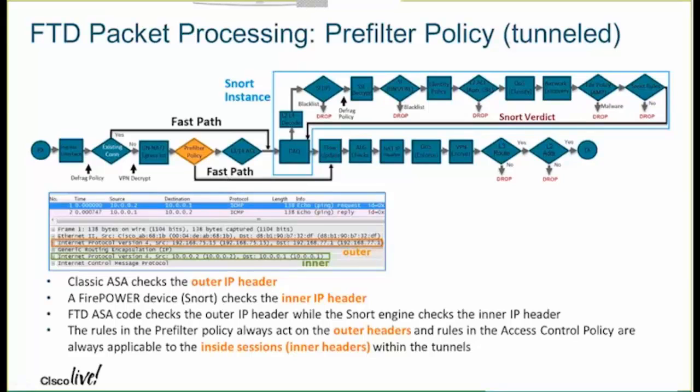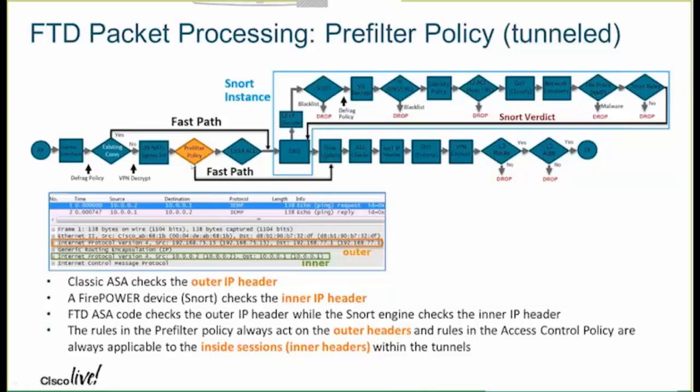Now what happens in tunnel policy with pre-filter is, from the ASA perspective, we only check the external payload, which is the GRE IP header information that we are seeing, which is 192.168.75.15 and 192.168.77.1.